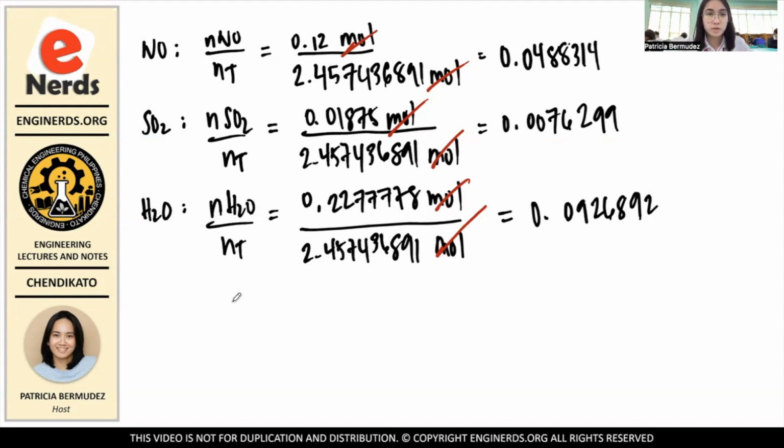Okay, so now finally we're going to get the partial pressure. And if you add all of these mole fractions, they should actually add up to 1 or close to 1. So the sum of all mole fractions should be equal to 1.